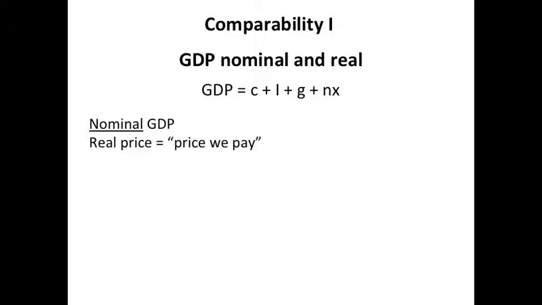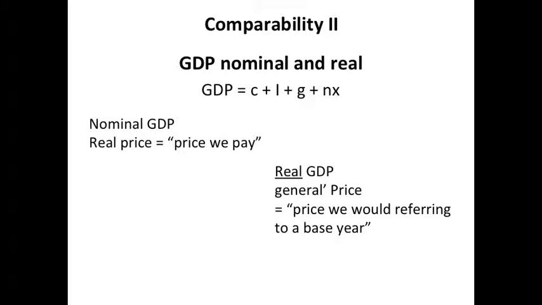So we have another one, and this is the real GDP, trying to figure out some general price. And this is what we usually do, is we have a base year. Let's say not 2015 comparing with 2014, but over the period of 15 years, from 2000 to 2015.